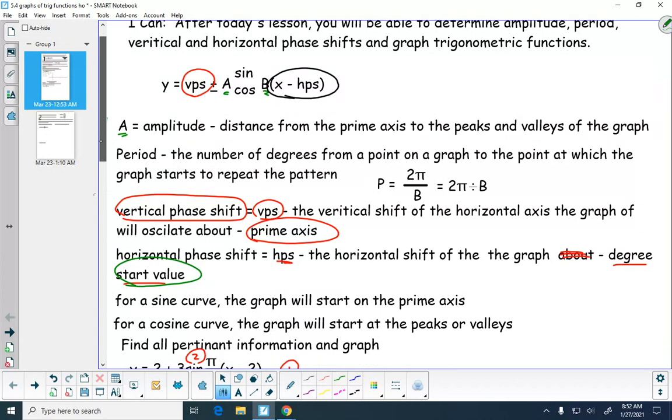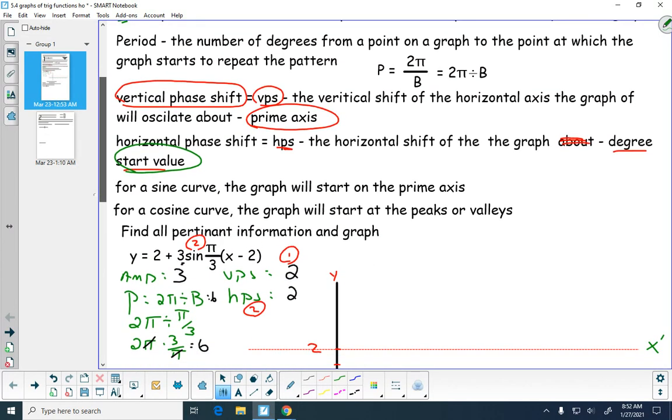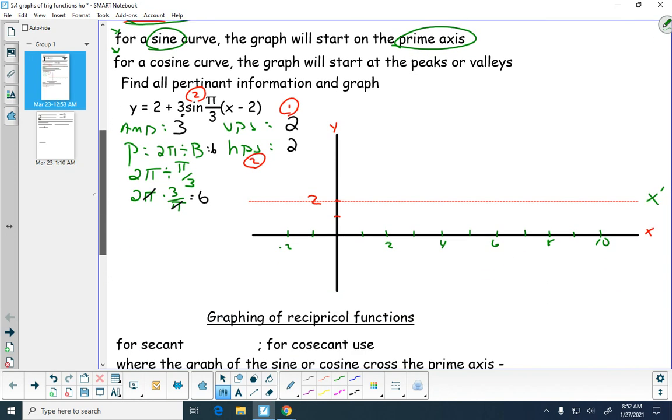The trig function will tell us, do we start on the prime axis or at peaks and valleys? Well, we have a sine curve, so it tells us to start on the prime axis. So at our horizontal phase shift, my degree start value of 2, my trig function tells me to start on the prime axis. So at 2, I'm up on my prime axis.